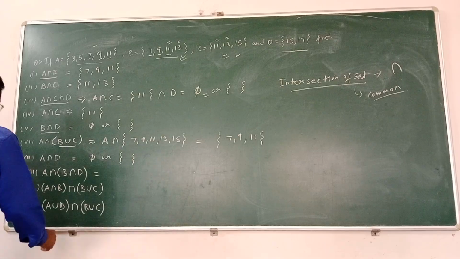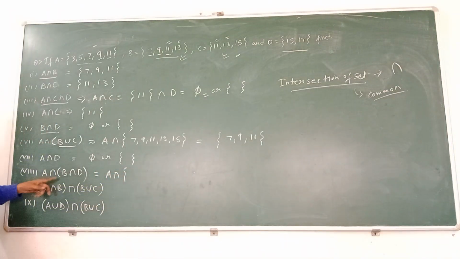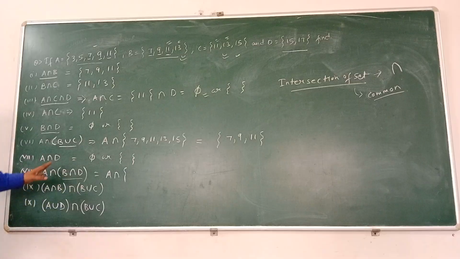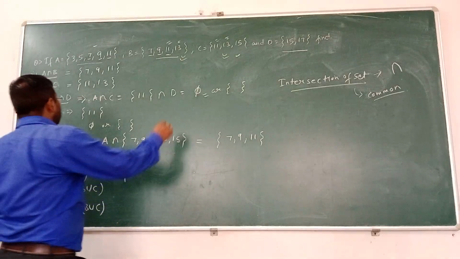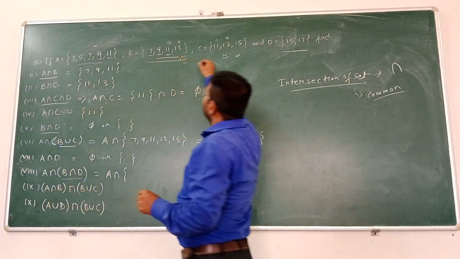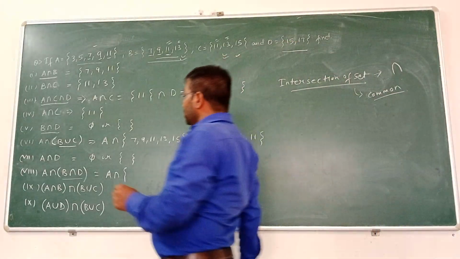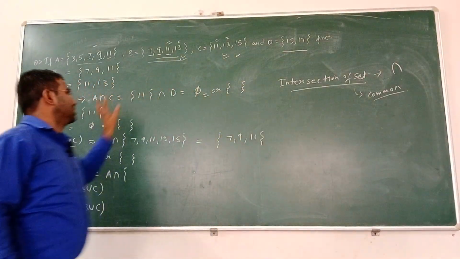Okay. Now see the next one. A intersection of C. So in this, first of all you have to write the intersection of B and D. First of all you have to write the intersection of B and D. So see B and D. B is 7, 9, 11, 13 and this is 15, 17. So see, in B and D no common element is there.